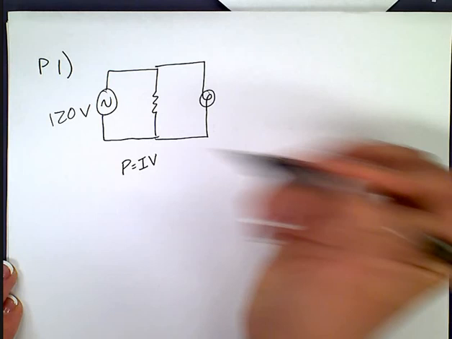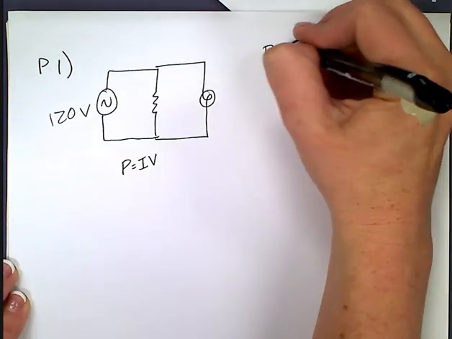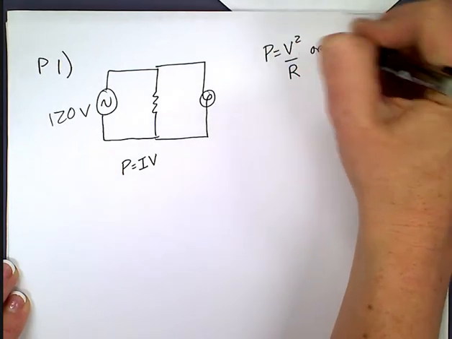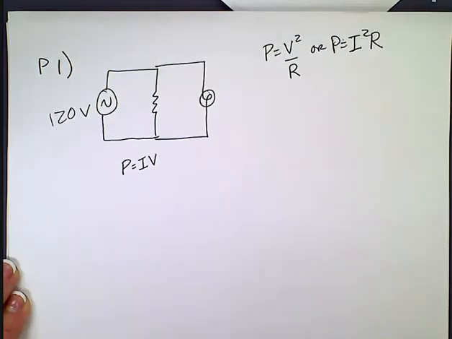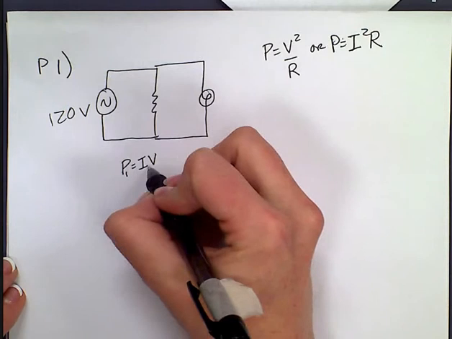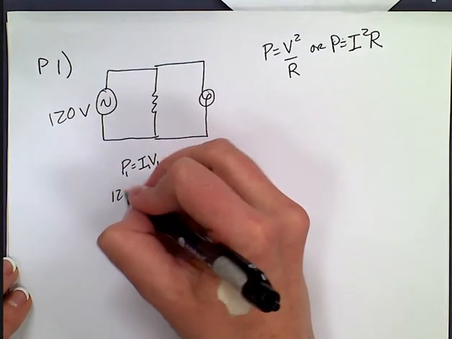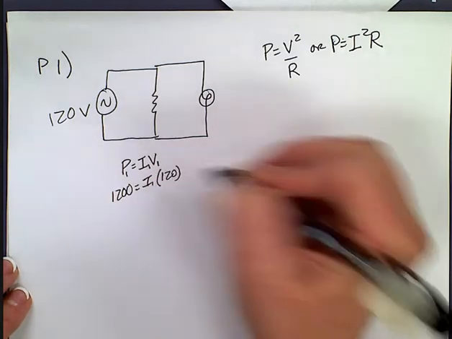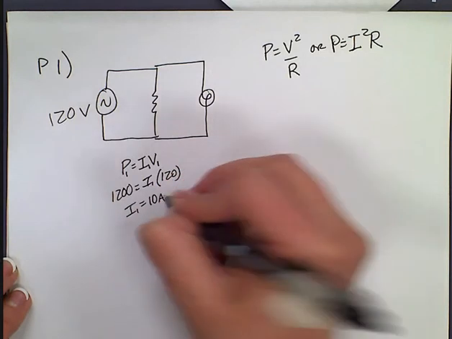That was probably going to be the easiest, but any power equation, either of those would be fine. So I'm going to use this here for just the heater, so P1, I1, V1. I know that the power is 1200 watts and the voltage is 120, so I can divide out and I get that the current is 10 amps here.